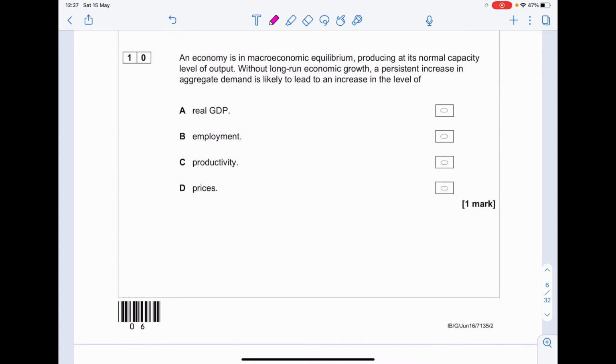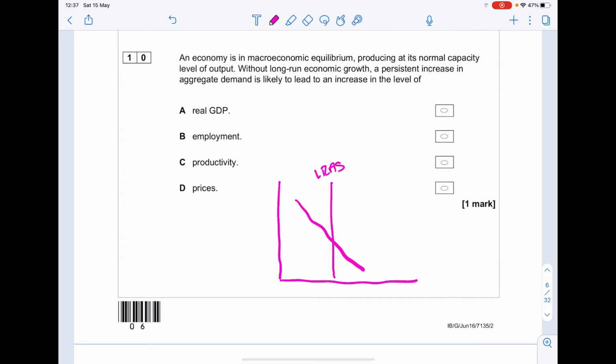Right, so question 10, you've got an economy in a macroeconomic equilibrium, producing at its normal capacity. So it's saying we've not got any long run economic growth, so we could have our long run average supply curve, and we've not got long run economic growth, so it means that we're not going to shift that. If we have an increase in aggregate demand from AD1 to AD2, what is going to happen?